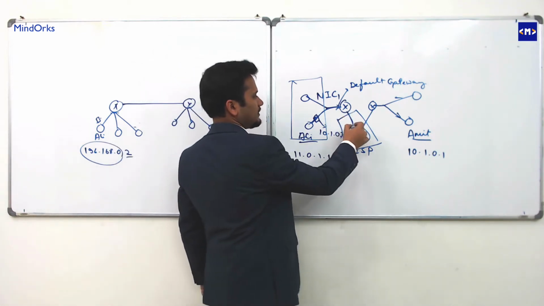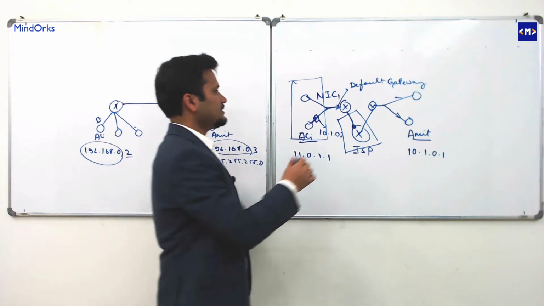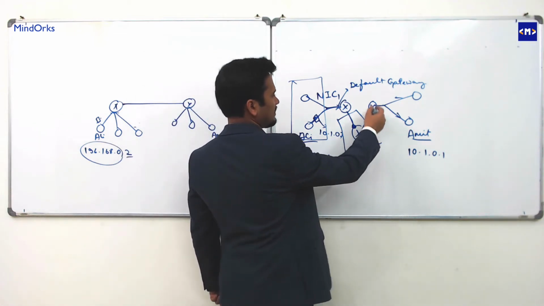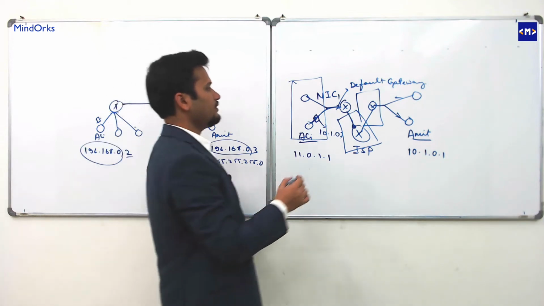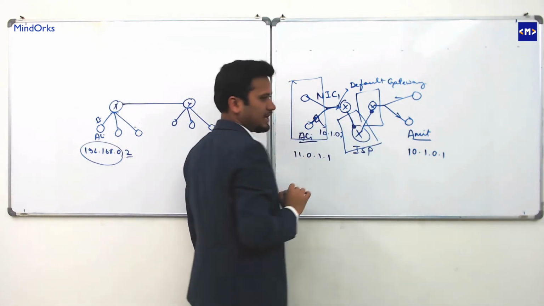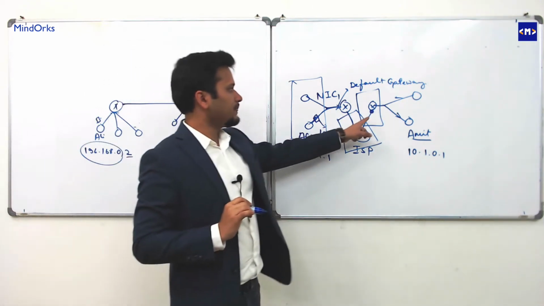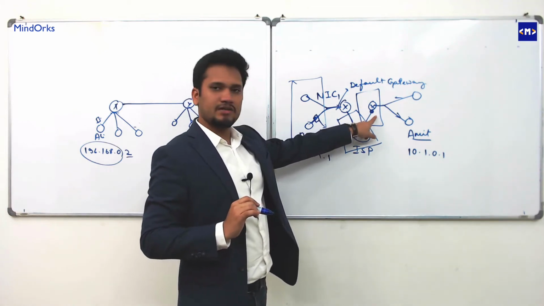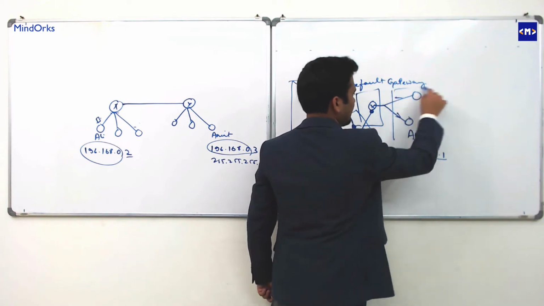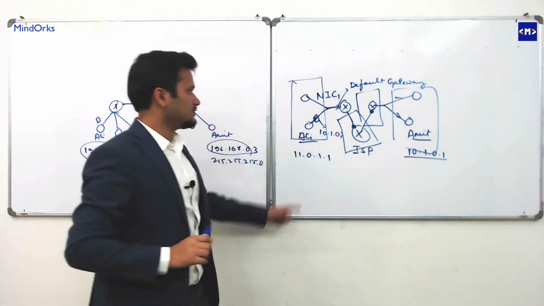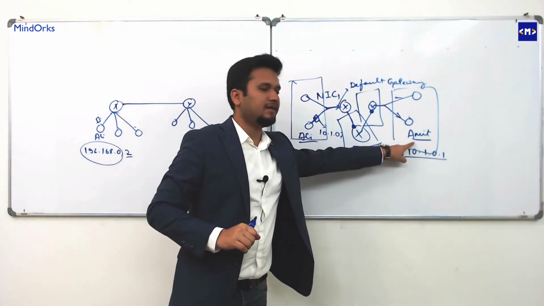So the packet will come here, and this packet will not have this IP address in its network, so it will then forward to its default gateway. Now this, on receiving the message on the default gateway, can find this address in the network, so it will be able to send this message.